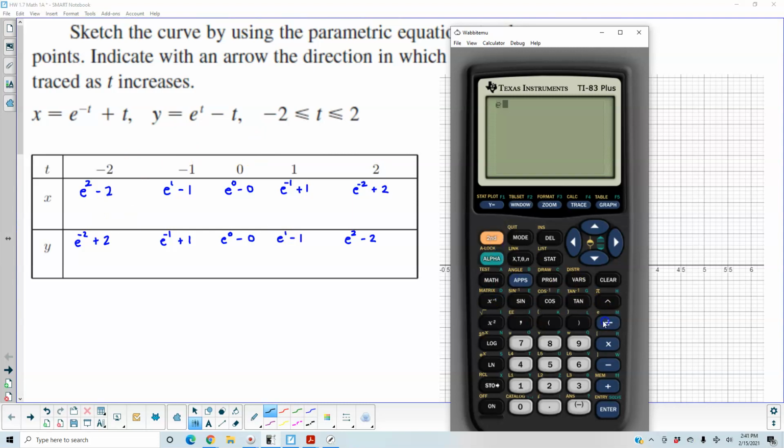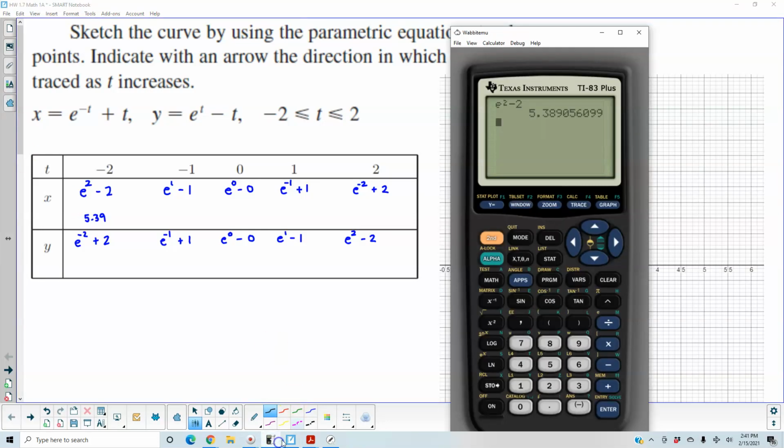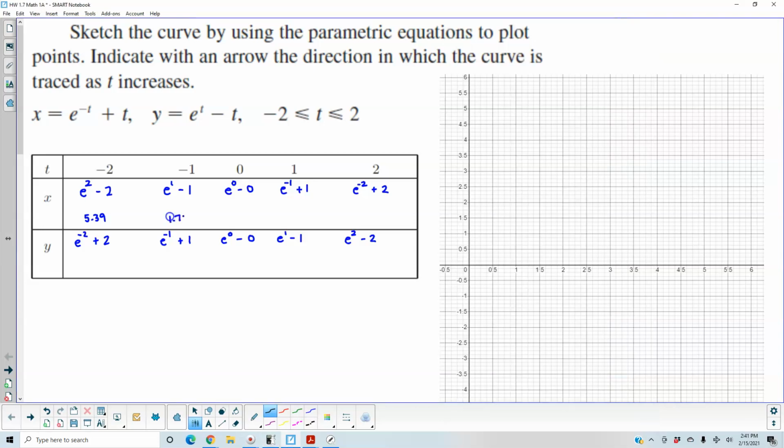So we have e to the second power, and that's minus 2, which gives us 5.39. If we take e and then subtract 1, we get 1.72. If we plug in 0, e to the 0 is 1. 1 minus 0 is 1.